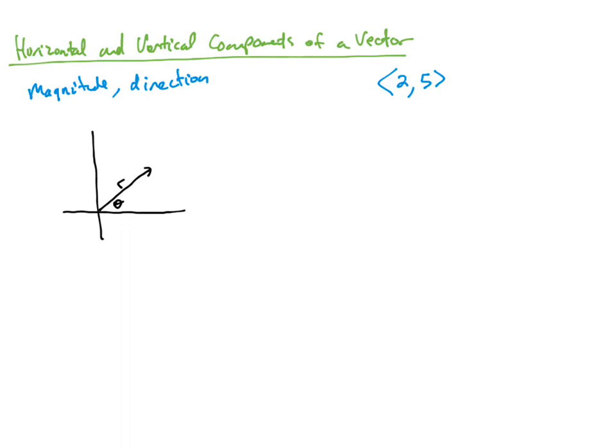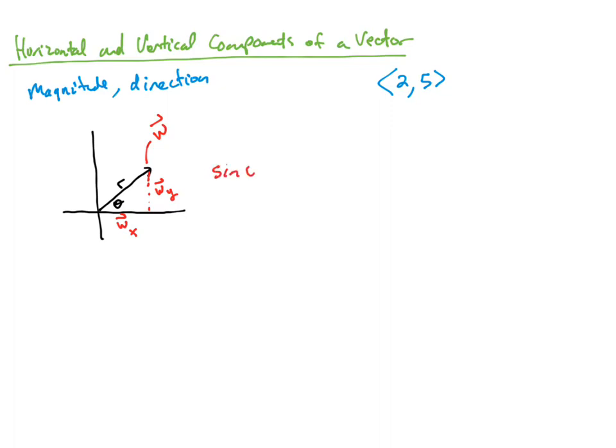So if I wanted to know the vertical component, let's call it vector w sub y, and let's just call this vector w, and then this component down here is vector w sub x, which is just the horizontal component. So if I wanted to find w sub y, well, let's just use a trig function.